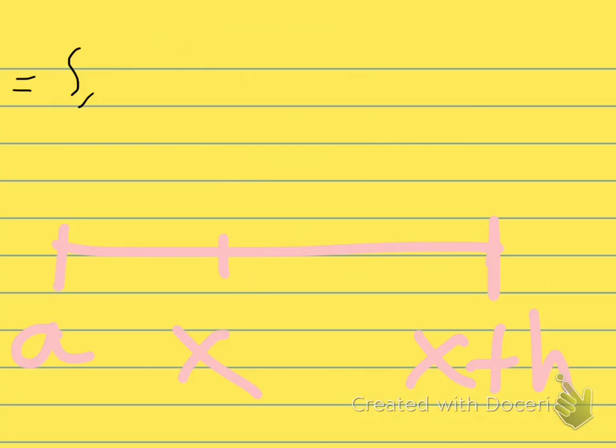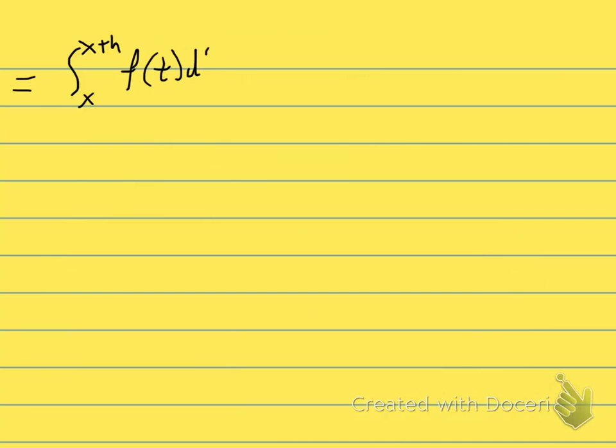If I take the whole one and subtract from it the part here, I'm left with the integral from x to x plus h of f of t dt.